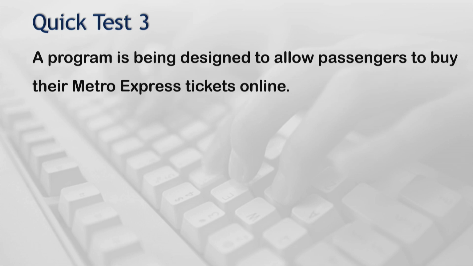Question 3 requires you to tick correct answers. This is another common type of question in computer science question papers. Let us read it together. A program is being designed to allow passengers to buy their Metro Express tickets online. A list of information is given.